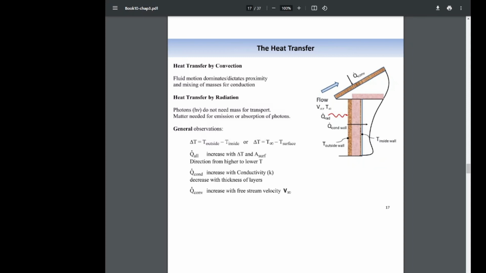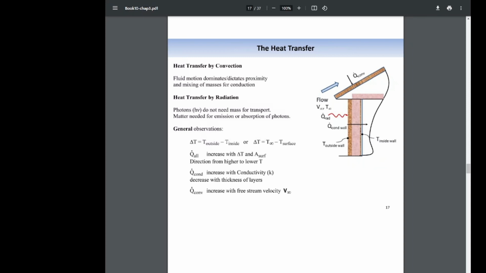Here is the rate at which heat is traveling through from one point to another, or being exchanged. In this case, we have both conduction and convection.